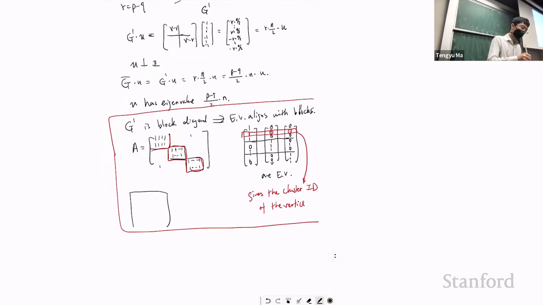For example, suppose you declare this part and this part to be the first block, and then this part and this part the second block. The coordinates of the eigenvector will permute accordingly, and that's why the alignment is maintained, and you can discover the hidden structure.